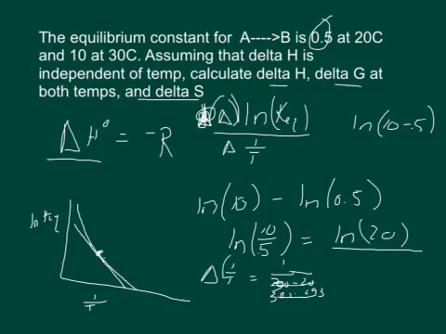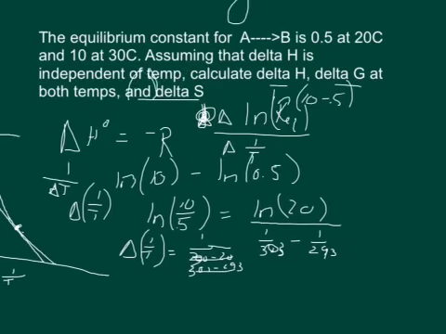It's not 1 over the change of temperature, it's the change of 1 over the temperature, the whole thing. So 1 over 303 minus 1 over 293.